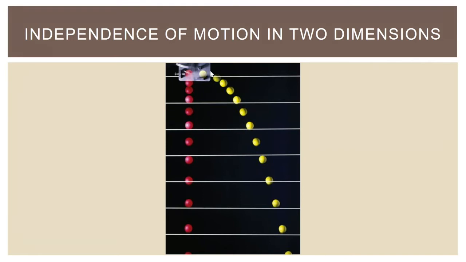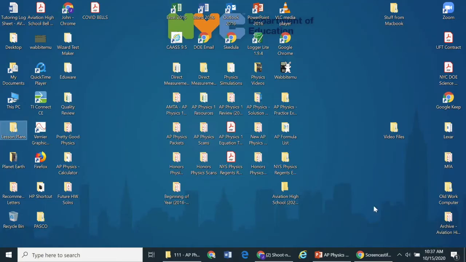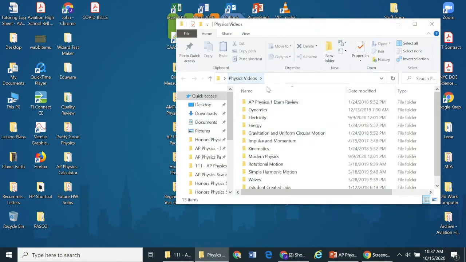Obviously, the bullet that's shot ends up really, really far away, maybe 500 feet away. But the idea is, however fast it's moving in the horizontal direction has no effect on what gravity is doing vertically. And we can show this one more way by taking a look at another video here.